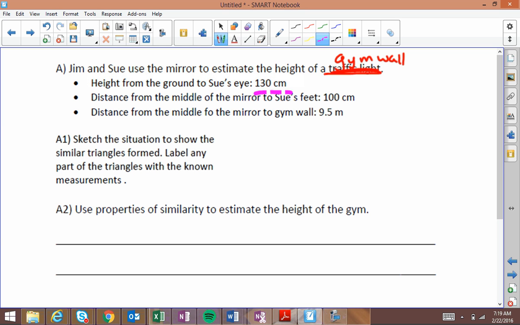So please be careful when you're drawing your picture and you're looking at our label. So go ahead, draw your picture and pause the video.